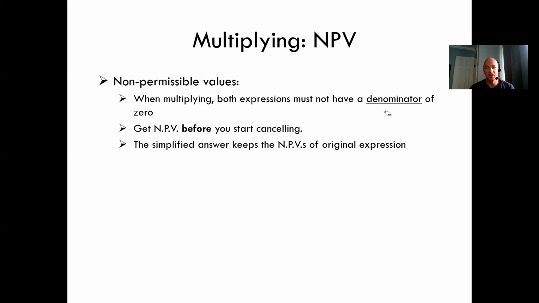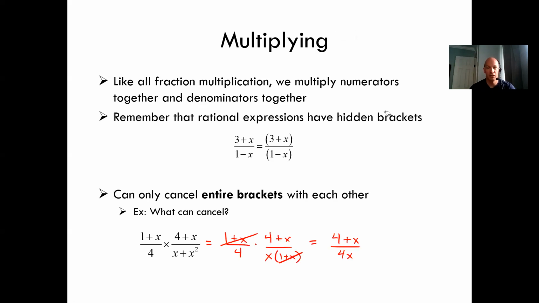So just like in that last example, if we jump back here, we can see a non-permissible value, and you would have found it right here: x cannot be equal to -1. You'll notice before we cross things out, that was a non-permissible value. By the way, this one also exists: x cannot be equal to 0. But you'll notice in the simplified version, this says x cannot be equal to 0 only.